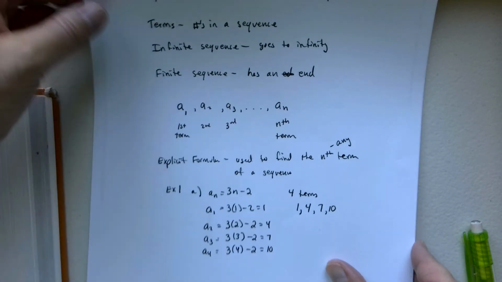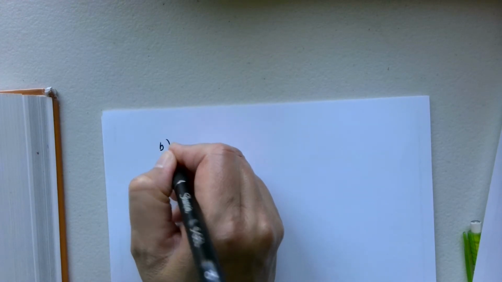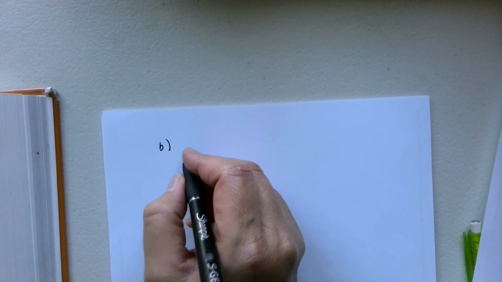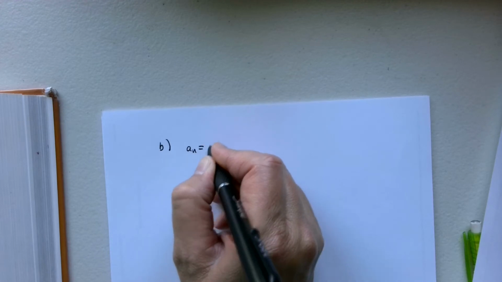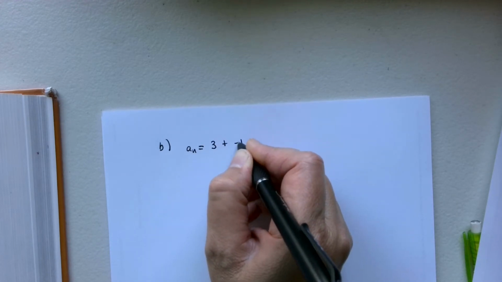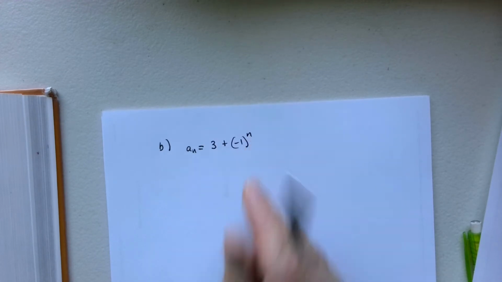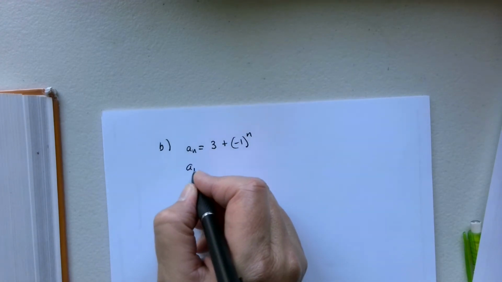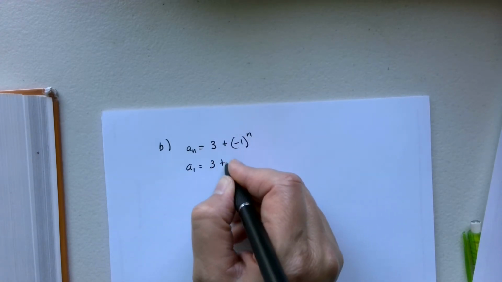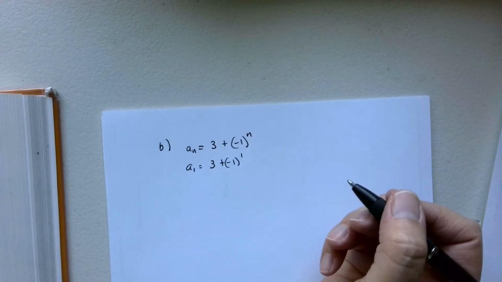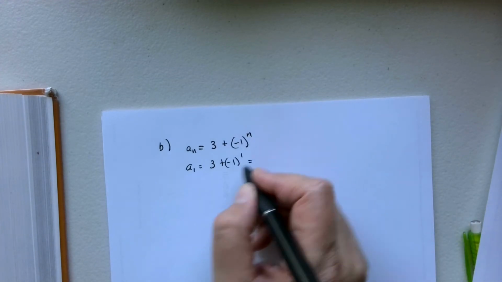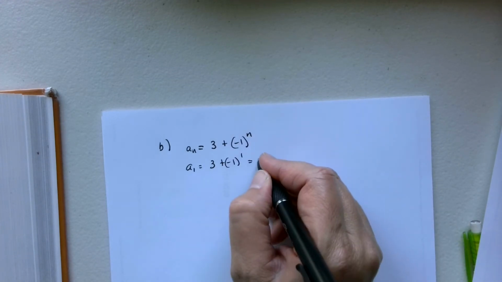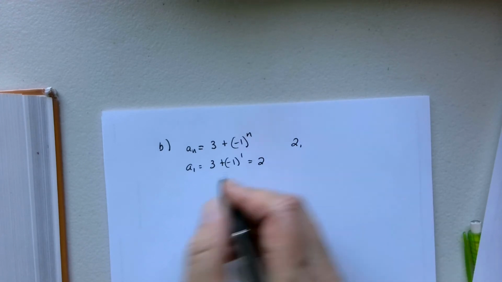All right, on part B, we have the explicit formula a sub n is equal to 3 plus negative 1 in parentheses to the nth power. So for the first term, we're going to put in 1 for n, and negative 1 to the first power is negative 1, and 3 plus negative 1 is 2, so our first term is 2.